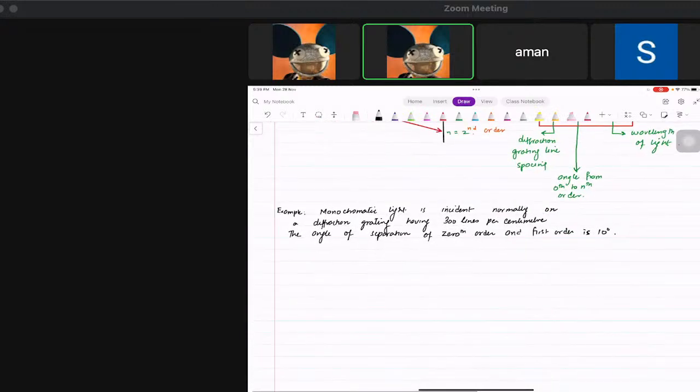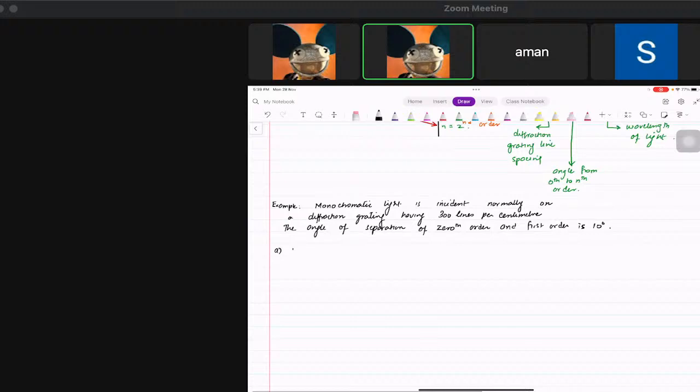Then it says number A, define monochromatic light. All right. And then B, calculate the wavelength of the wave, like that.